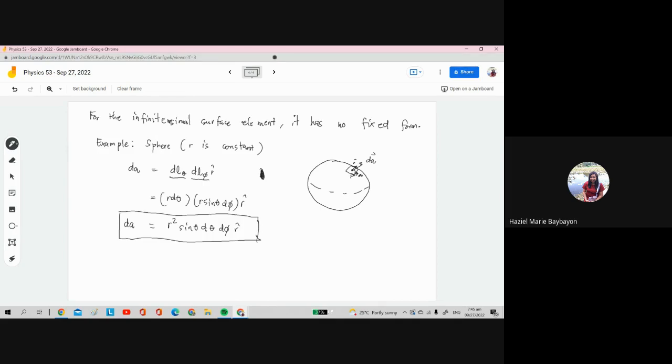So another example, example 2. So unsa daw imong surface element if you have a surface that is in the xy plane where theta is constant.